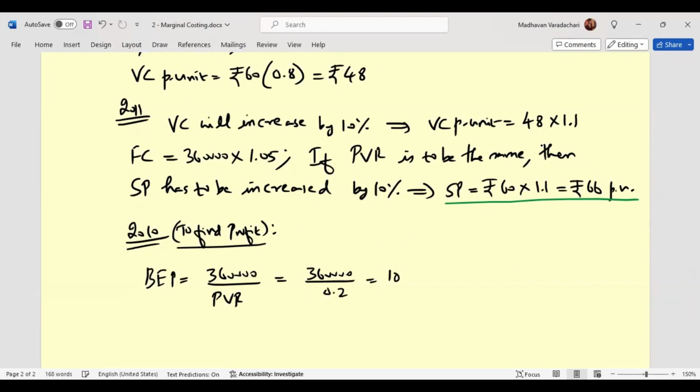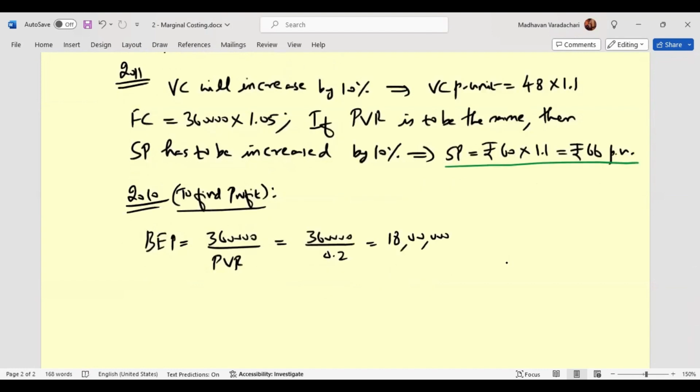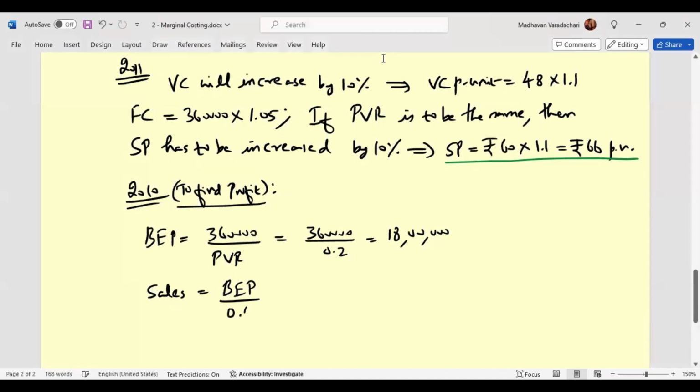This will give us 18 lakhs, which means sales should be break-even point divided by the break-even point in terms of percentage, which will give us 18 lakhs divided by 0.6. That will work out to 30 lakhs.